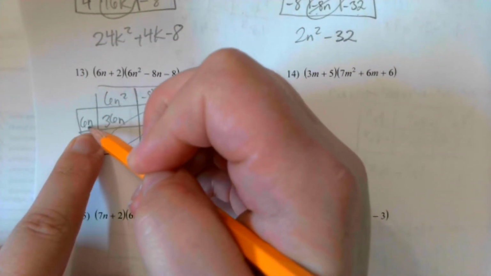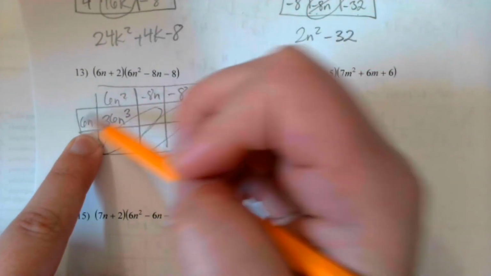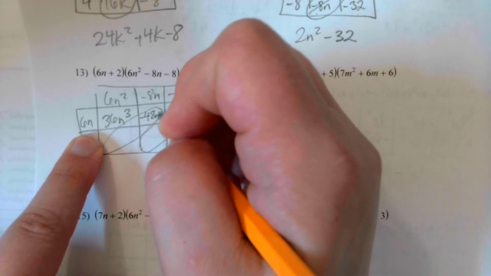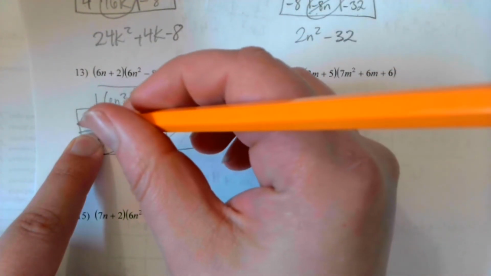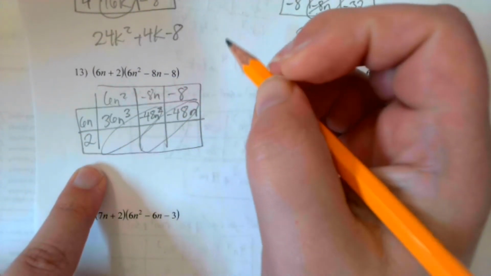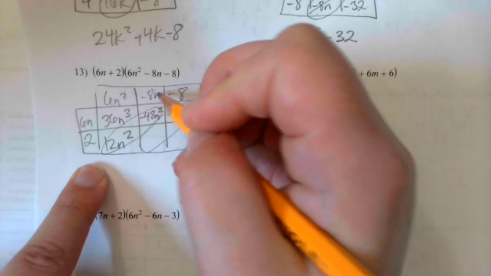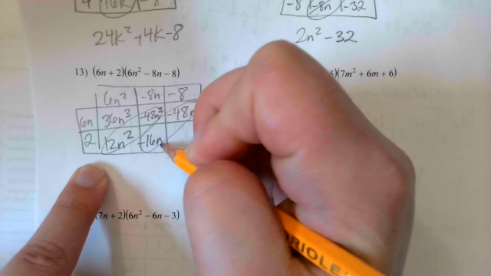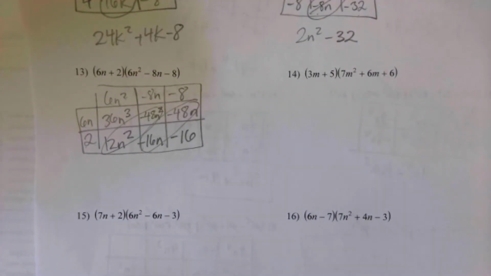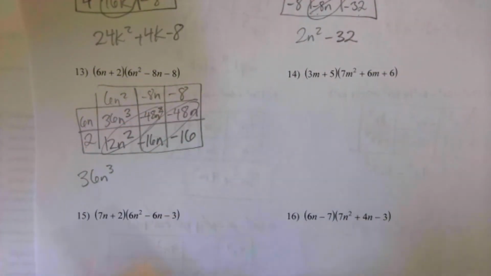I've got 2 n's here and another n there, and since they're multiplied, you add the exponents. 6 times negative 8, negative 48, n squared. 6 times negative 8, negative 48, n. 2 times 6, 12n squared. Negative 16n, negative 16.